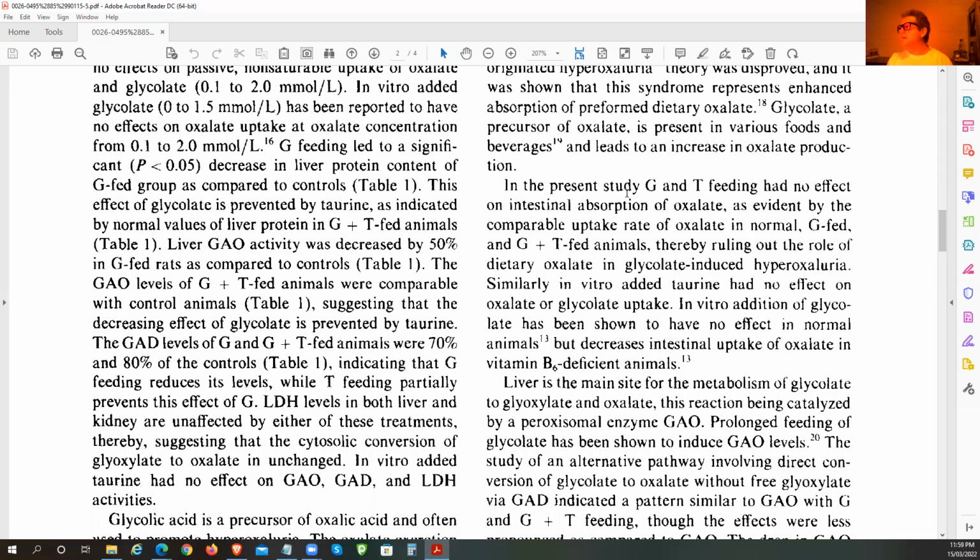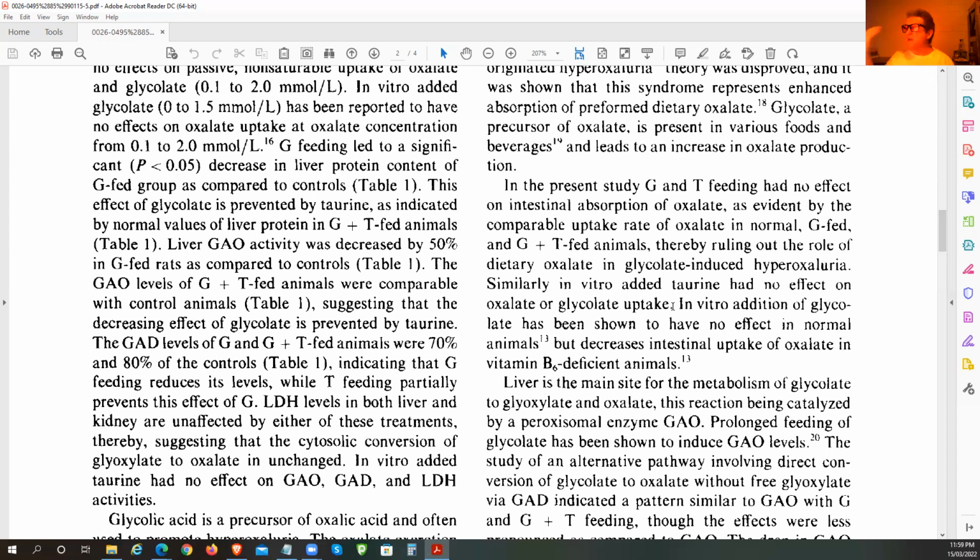In the present study, glycolate and taurine feeding had no effect on intestinal absorption of oxalate, as evident by the comparable uptake rate of oxalate in normal, G-fed and GT-fed animals, thereby ruling out the role of dietary oxalate in glycolate-induced hyperoxaluria. Similarly, in vitro added taurine had no effect on oxalate and glycolate uptake.